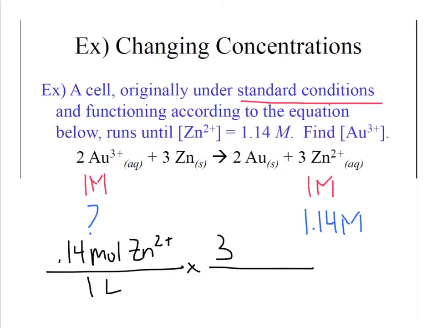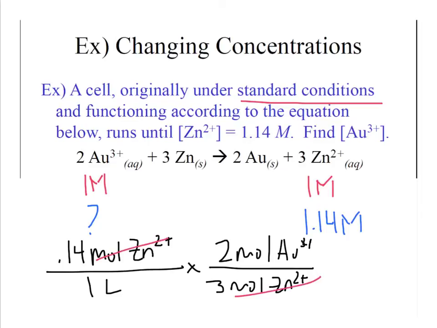So 2 moles of gold were used for every 3 moles of zinc that were generated. And so then the moles of zinc cancel out, and now we would just solve this out. We're going to find the concentration to be 0.907 molar. And that makes sense. So the concentration of the gold decreased and the concentration of the zinc increased, which means that the voltage of this cell is going to decrease as well.